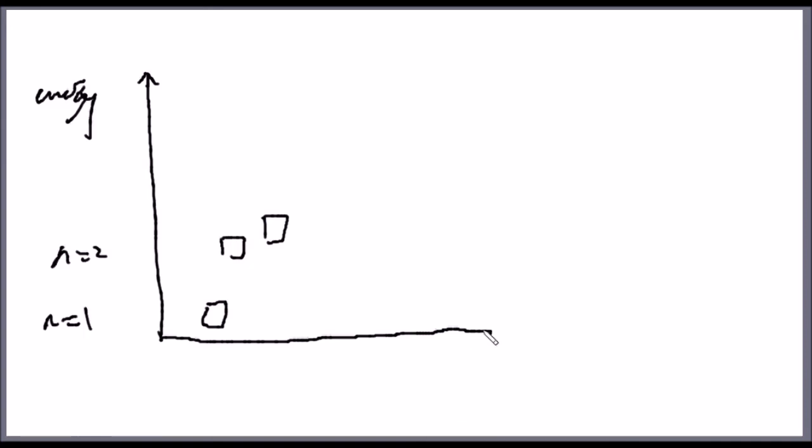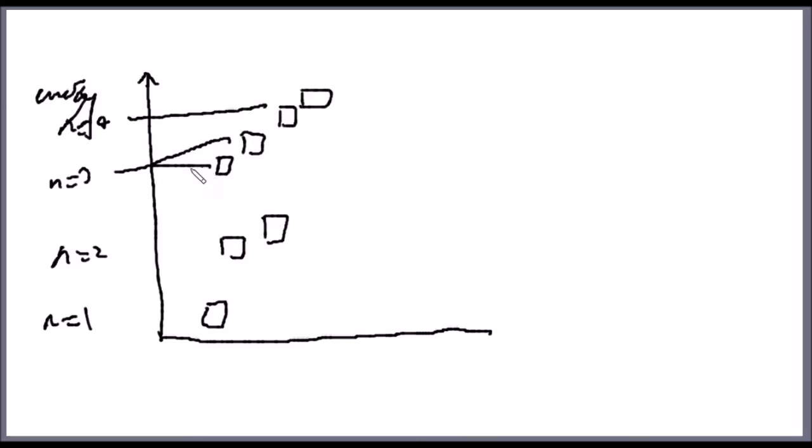N equals 3, there is s, p, and d, and now n equals 4. 4s fills first, and then 3d has a higher energy level. So let me just draw lines to each of these. 3d has a slightly higher energy level. So actually, the 4s shell fills first.